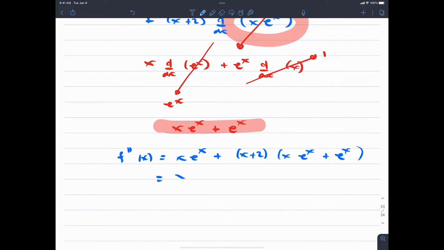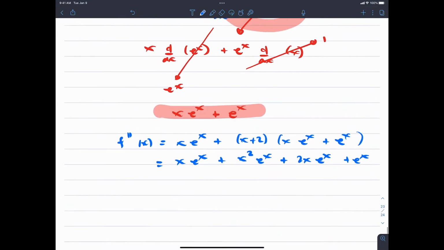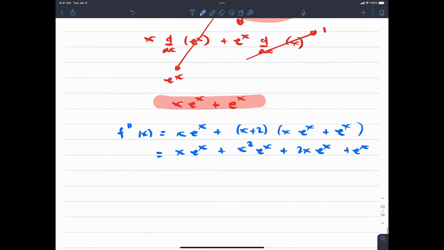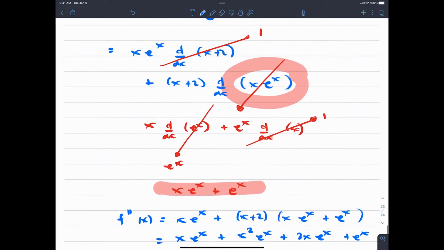So x e to the x plus, let's be careful, x squared e to the x plus 2x e to the x plus e to the x there. Is that true? Double check here. X squared e to the x. Oh, hold on. What did I do?